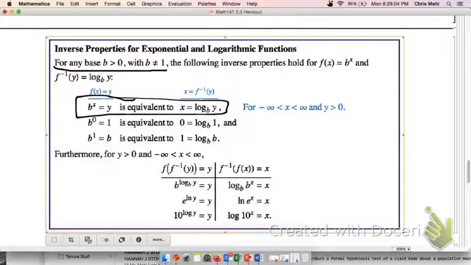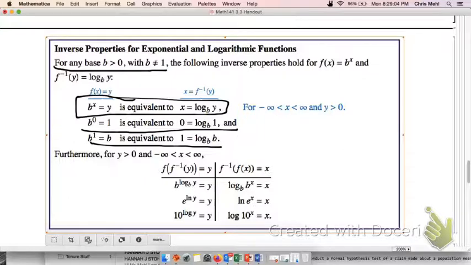Notice now that x is the output and y is the input. Right below that, saying b to the 0 equals 1 is the same thing as saying log base b of 1 equals 0. And finally, b to the first power equals b. That's equivalent to saying log base b of b equals 1. I think we essentially did this in one of the previous examples, so we've already somewhat hinted at this.